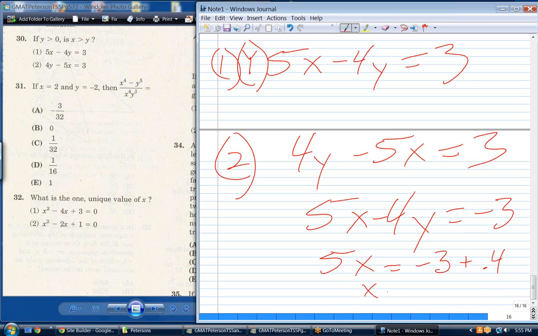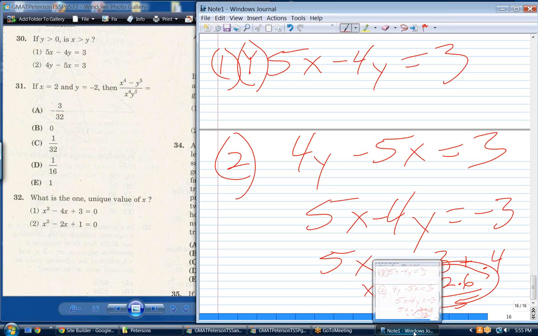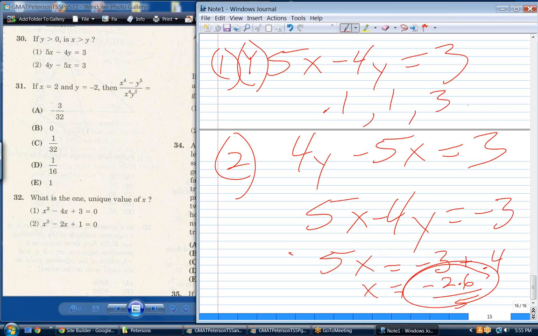So x would equal minus 2.6 divided by 5. It's a negative number, so x is less than y. So I've tried 0.1, I've tried 1, I've tried 3, and I've tried 10. I'm comfortable. In every case, x was less than y. So we can solve it with 2, but not with 1.